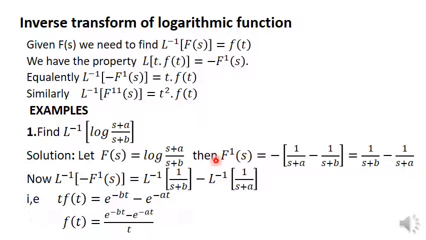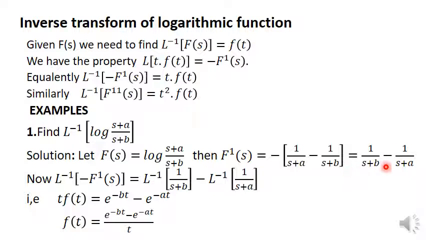We have f prime of s equal to 1 over s plus a minus 1 over s plus b. Now, we multiply the whole thing by minus 1, or you can take the minus sign outside, both are the same: 1 over s plus b minus 1 over s plus a.